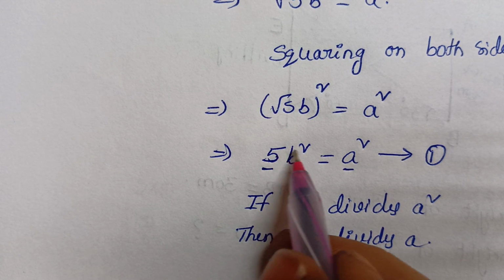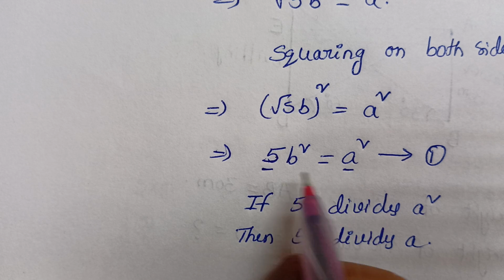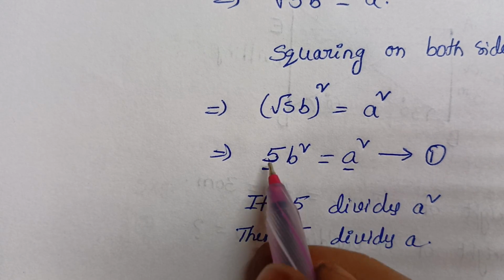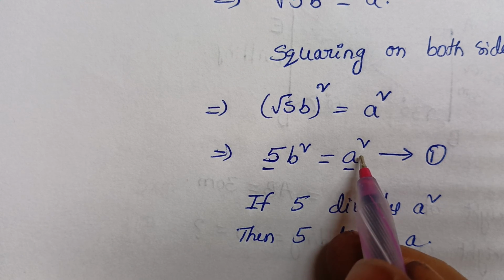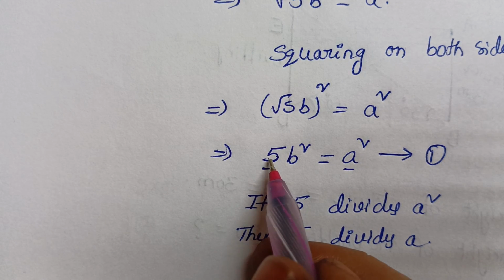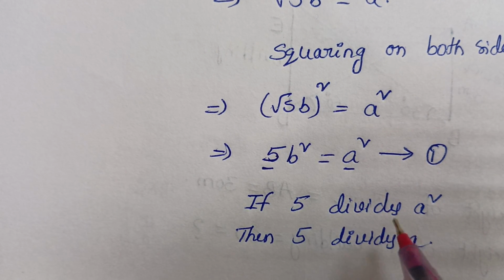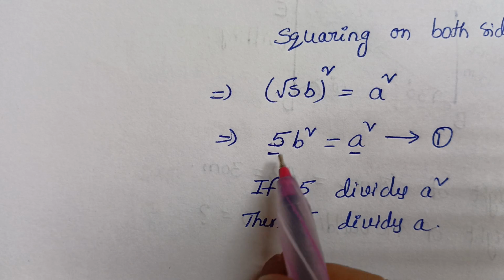This multiplication goes to the right side, and division will come. That is what I am saying: 5 divides a square, we know already; 5 is a prime number, a is an integer as we assumed. So 5 divides a square, then 5 divides a also. That means a has a factor 5.